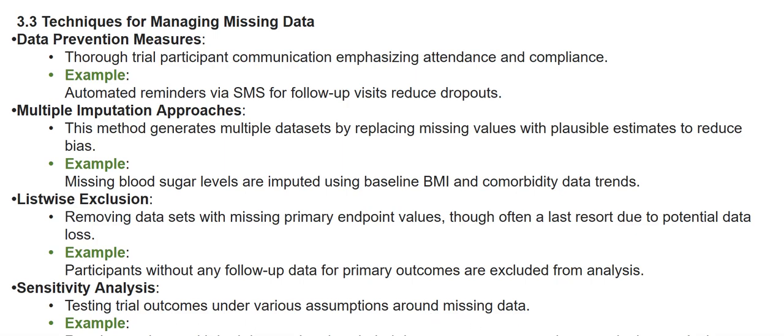Example, running analysis with both imputed and excluded datasets to ensure consistent endpoint conclusions. Machine learning algorithms, advanced prediction models compensate for missing values. Example, a neural network predicts dropout patterns and suggests flexible rescheduling to reduce participant loss.